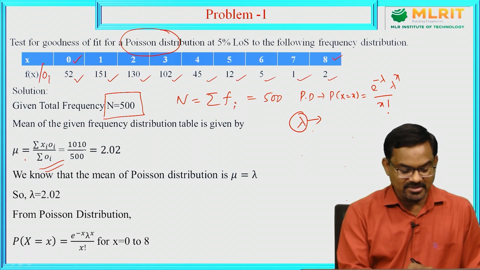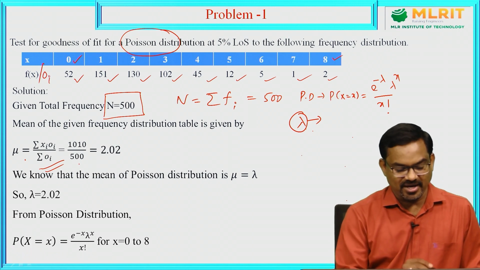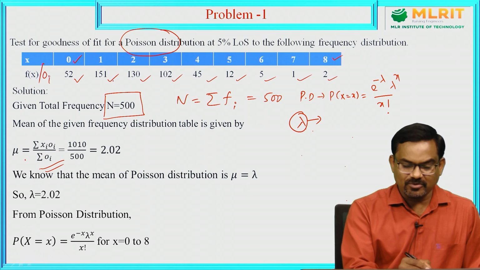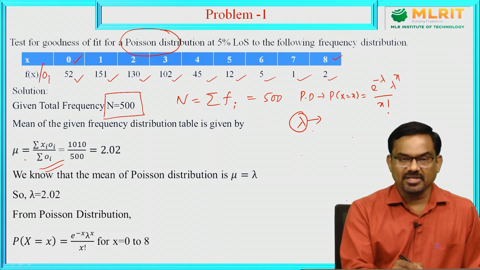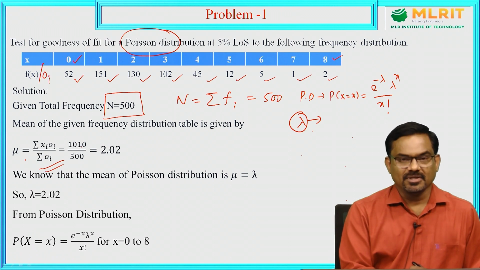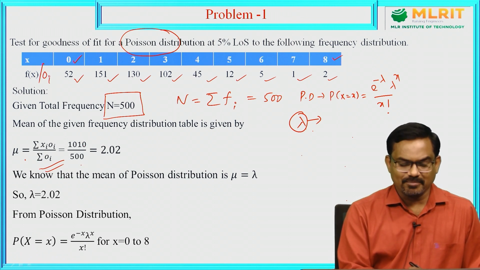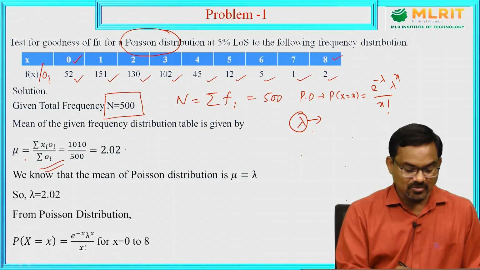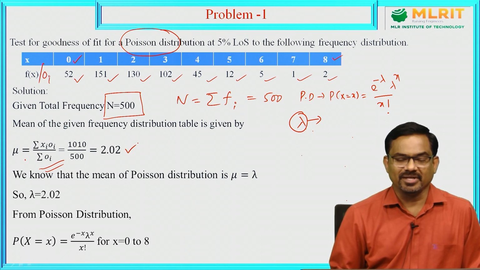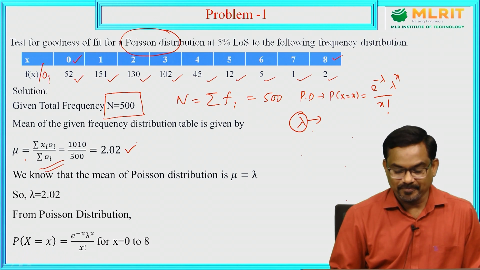Sigma oi means the total frequency, which is 500. So 0 into 52 plus 1 into 151 plus 2 into 130 and so on plus 8 into 2 becomes 1010 divided by the total frequency 500. So we got the mean of the given frequency distribution as 2.02.